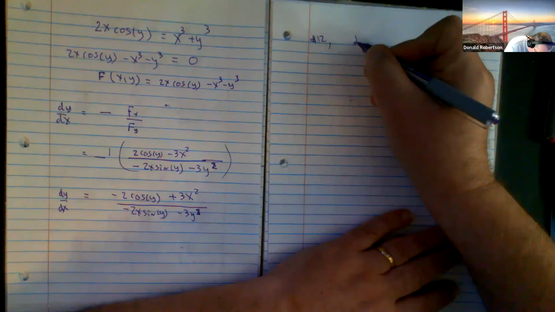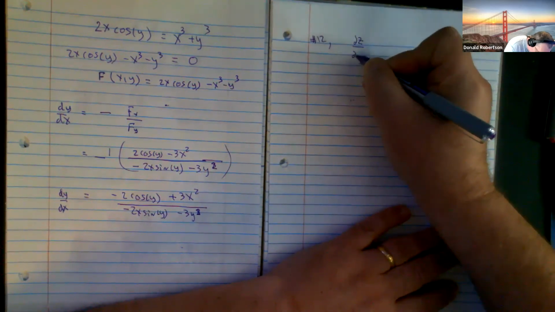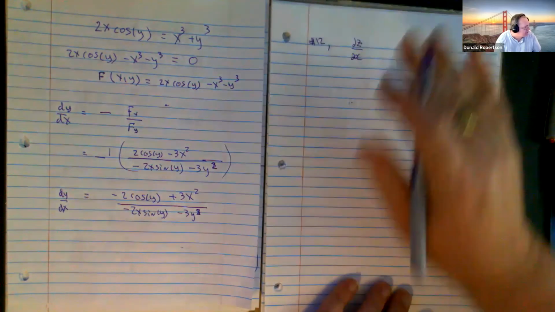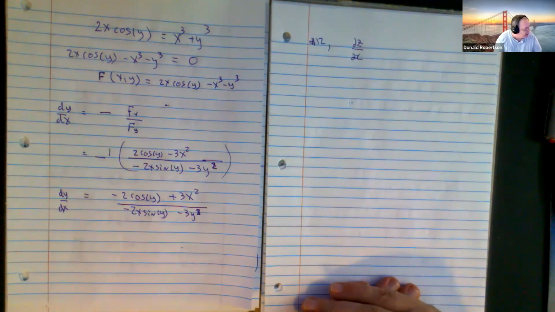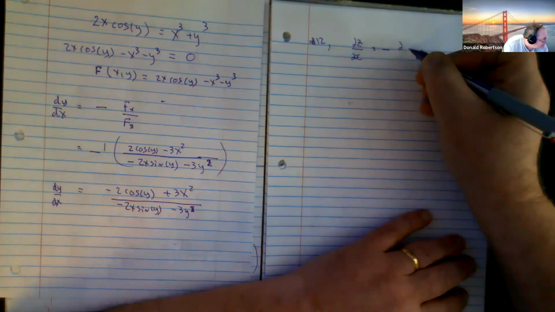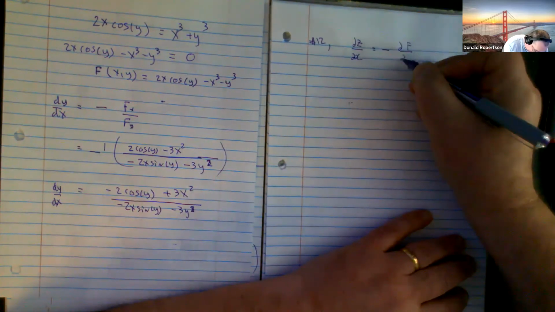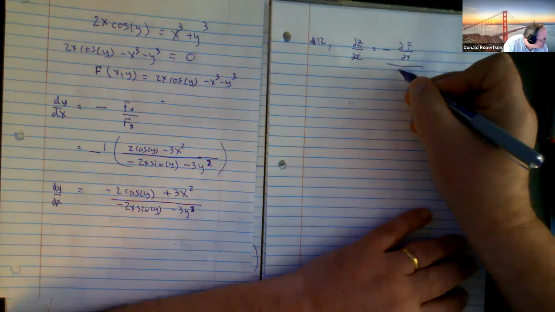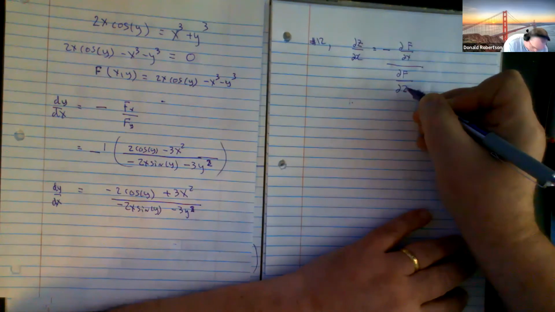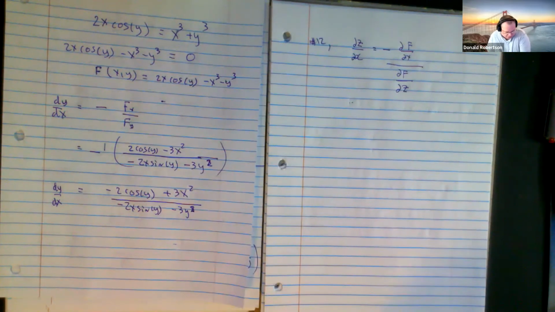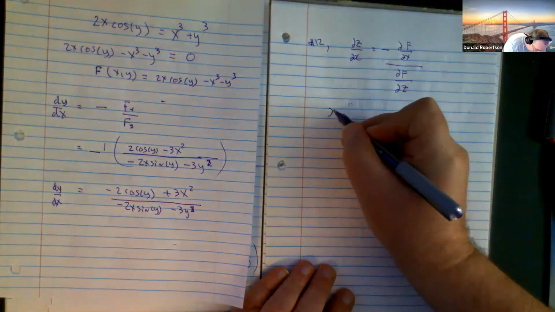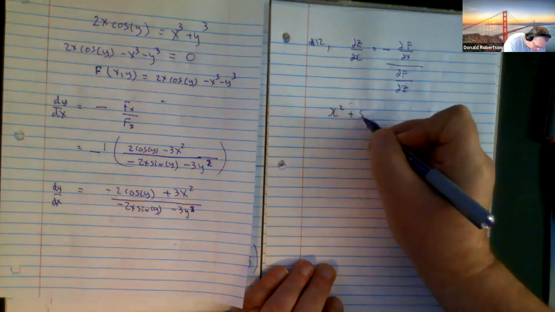The one I'm going to do is you can use it to find dz by dx, and it's equal to negative df by dx over df by dz. Now, that formula is going to be used in this question.